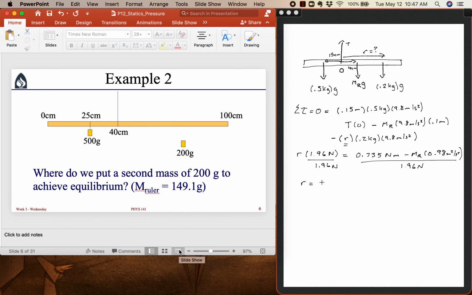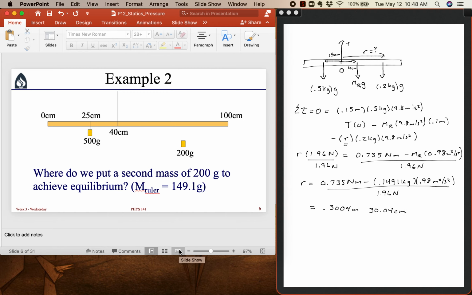So R is going to be 0.735 newton meters minus the mass of the ruler, which is 0.1491 kilograms, times 0.98 meters squared over seconds squared, all divided by 1.96 newtons. So that gives me a moment arm R, which is equal to 0.3004 meters, or 30.04 centimeters.